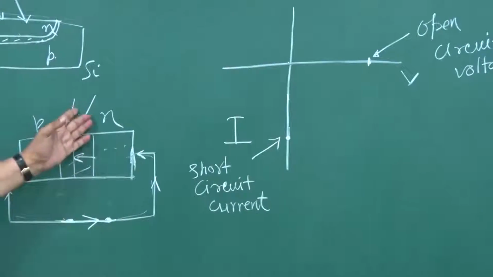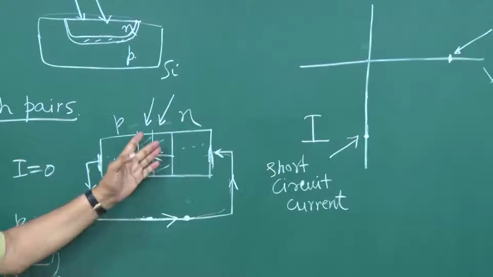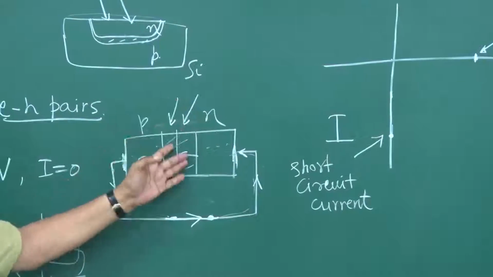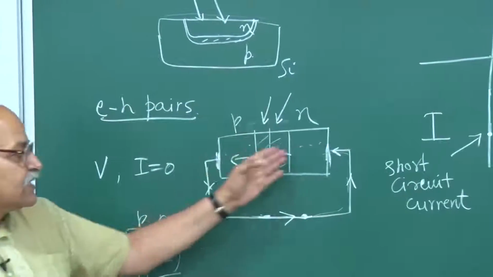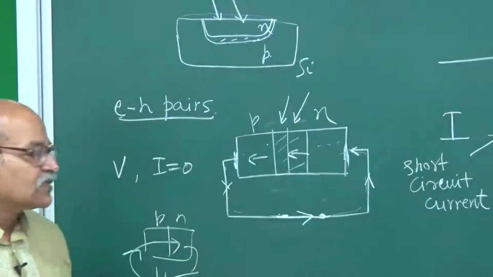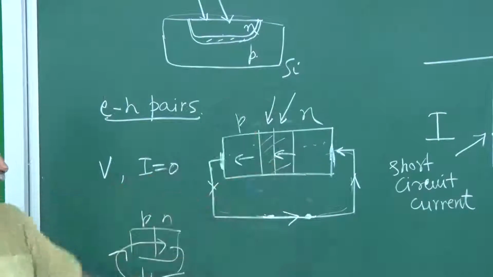And it depends on the intensity of the light which is falling here and the absorption properties, which wavelengths are there and which are absorbed and how many EH pairs are created. All those things will decide how much is the short circuit current for these particular conditions.